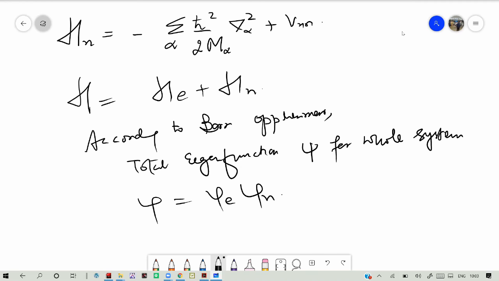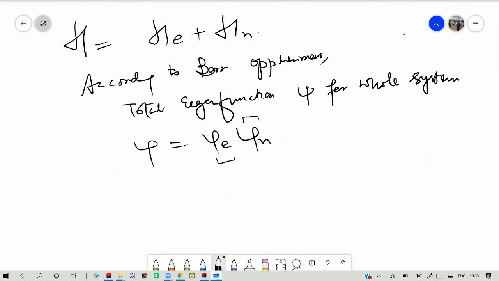Psi e is for electron coordinates, and it will involve both the electrons and the interaction with the nuclei. And psi n is a function of the coordinates of nuclei only. Because the nuclei are fixed, we are assuming that they are not varying so much. There is no variation, so they will not affect.